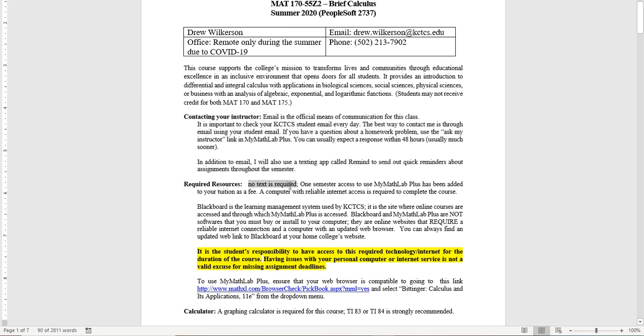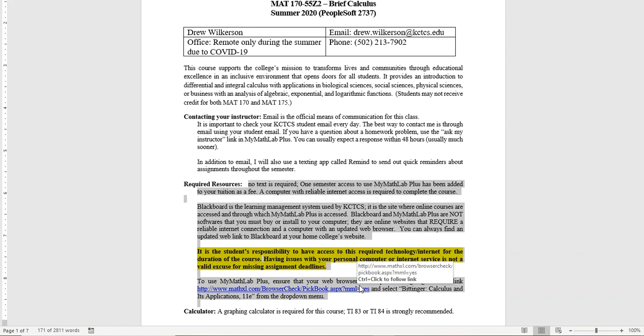Required resources. There is no textbook required for this course. One semester access to My Math Lab was added to your tuition bill as a fee. A computer with reliable internet access is required to complete this course. We'll be using Blackboard and My Math Lab Plus throughout the course.